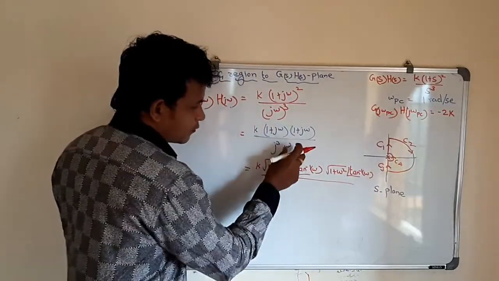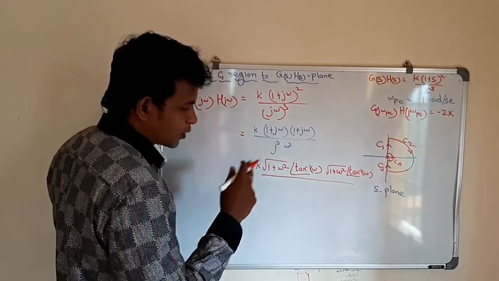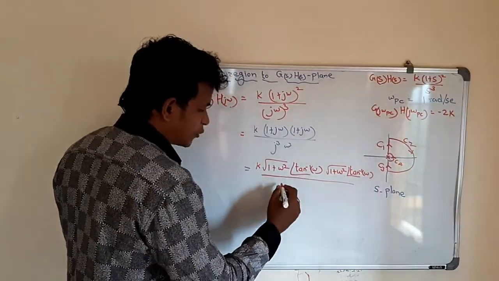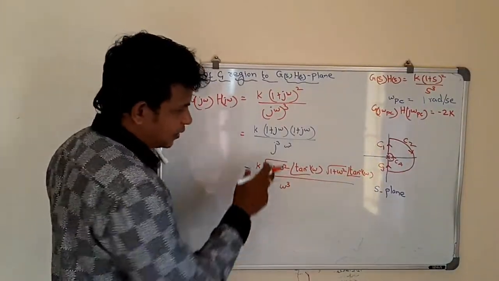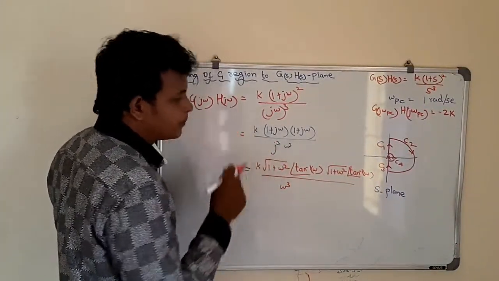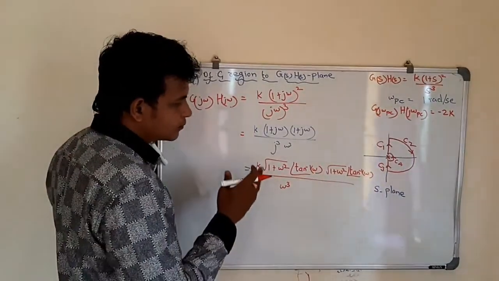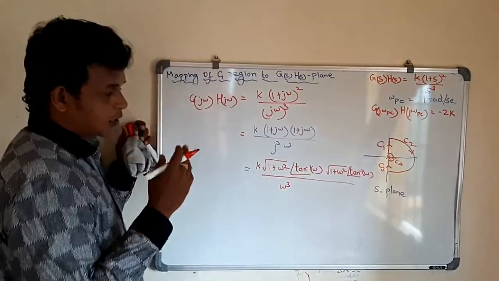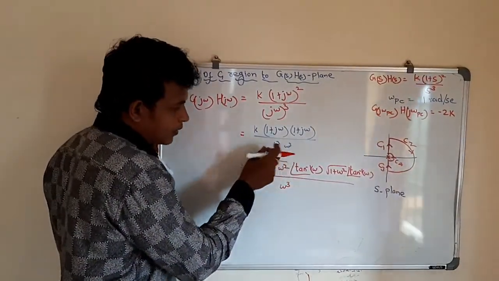For this one, the magnitude is root of omega cube the whole square, and the square and the square root get cancelled, so we have the magnitude as omega cubed. Here we have the cube of imaginary j. The angle is 90 degree, because there is no real term; we have only the imaginary term omega cube.